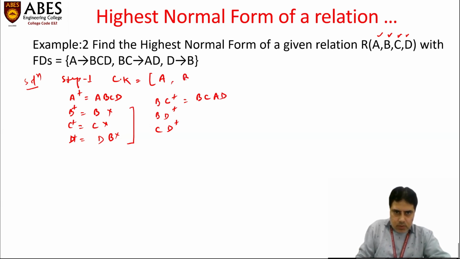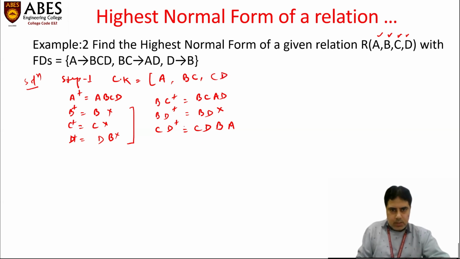So there is one more candidate key, BC. Now check for BD. From D we can determine B, and no more attributes can be determined, so this is not a candidate key. Now CD: from CD, D gives B, and BC gives AD. So CD is one more candidate key.